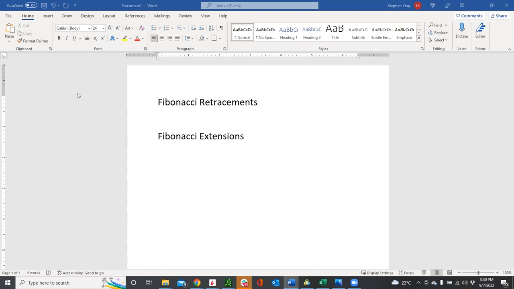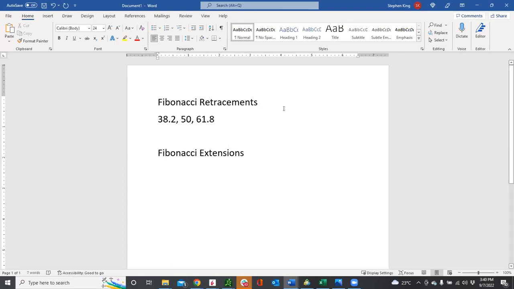And then the key levels that we're going to be looking at for the fib retracements are 38.2, 50, and these are percentages, and 61.8. Those are the main ones: 38.2%, 50%, 61.8%. Then on the extensions, the key levels you're going to be looking for start with 100% on the extension.